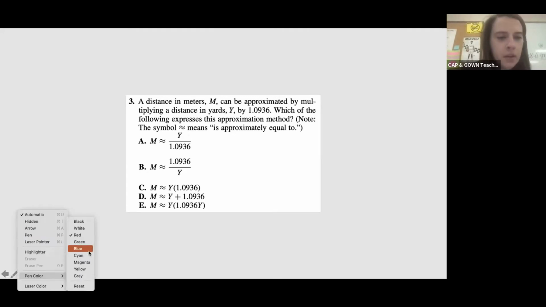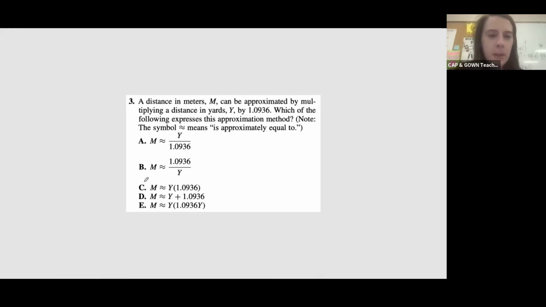So, which one looks like multiplication? Boom, C. That Y times that 1.0936. It's not E because it has the Y also in there. It would have 2 Y's being multiplied to that 1.0936. That's not needed.